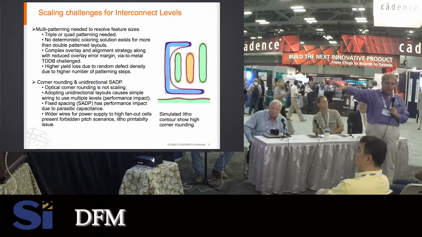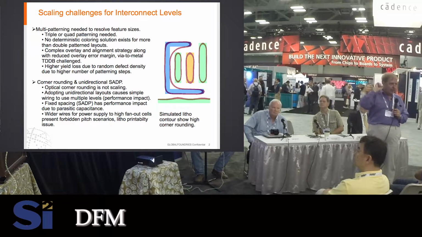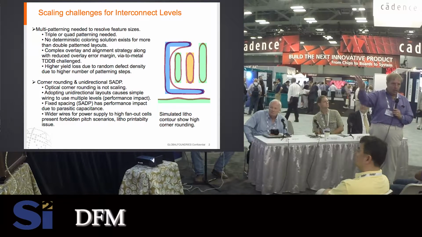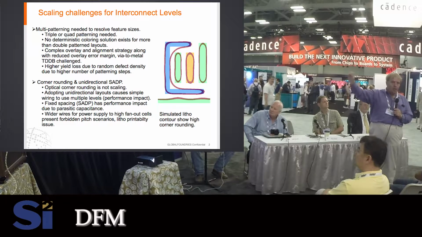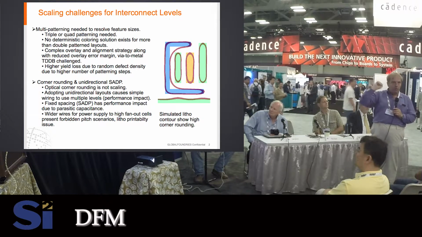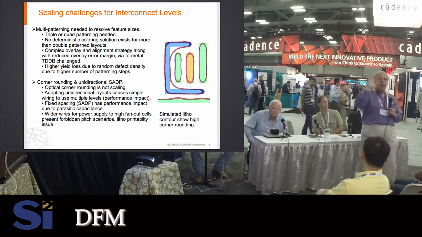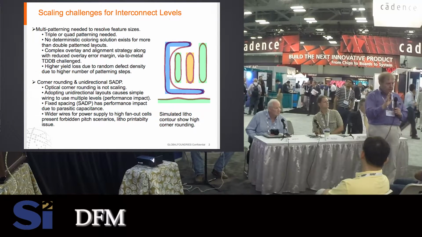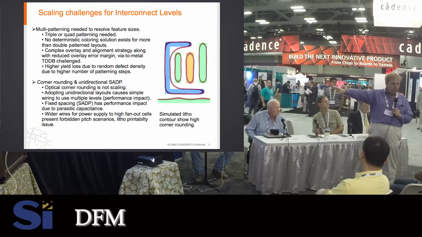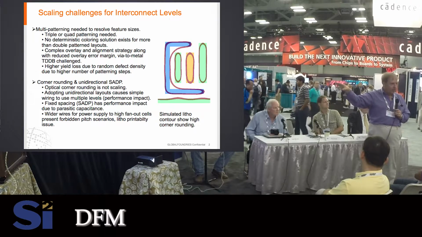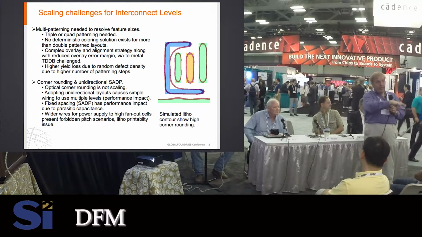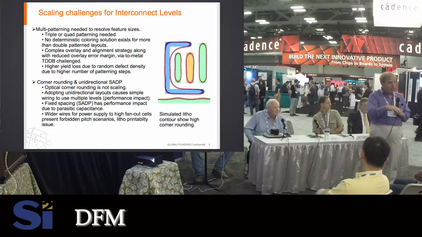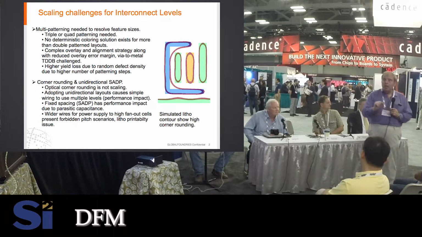Well, AB coloring, two colors, is fantastic. That's a well-known commodity. But when you go to triple and quad coloring, well, I'm not a mathematician, but I used to say that was an NP complete problem until one day a mathematician in the audience said, no, it's not. So I stopped saying that, and then a month later, a mathematician in the audience said, yes, it is.